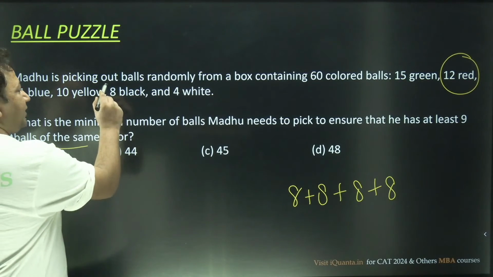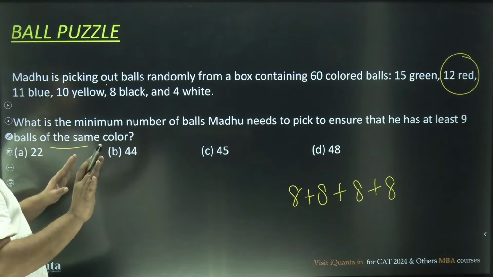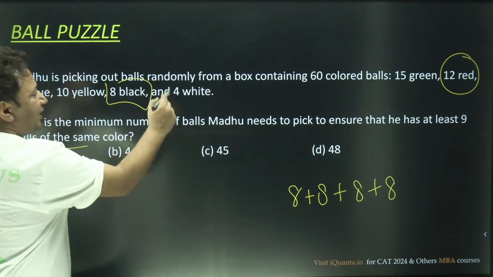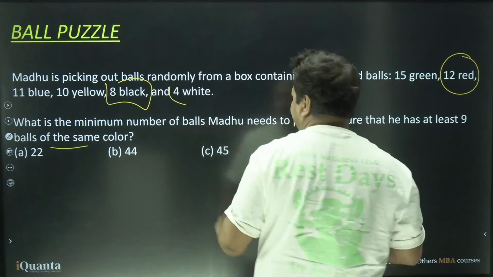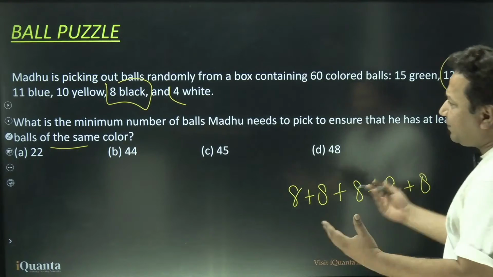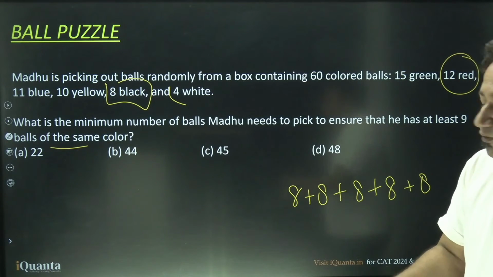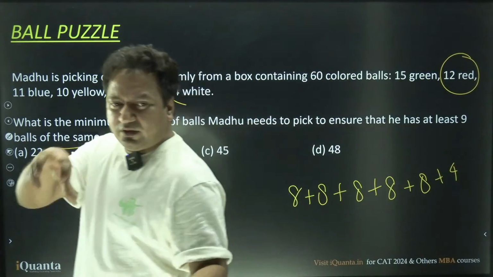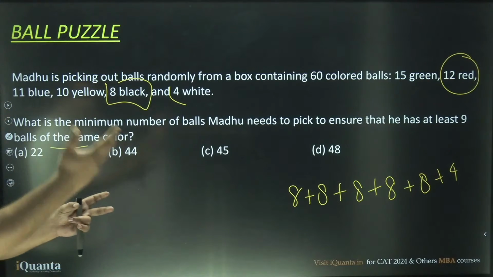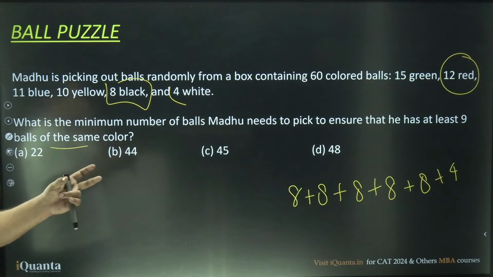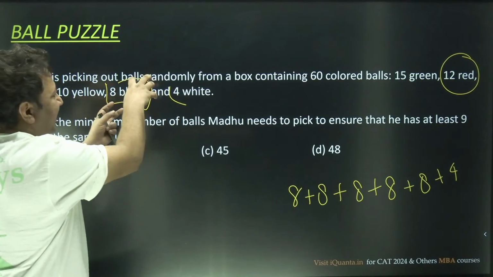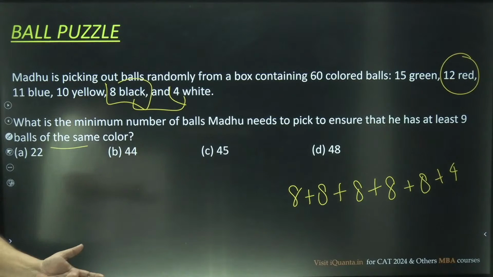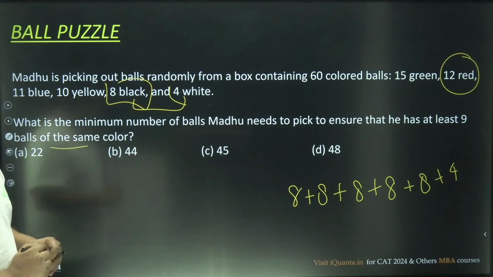So now to make sure that at least 9 of the same color are there, we need to pick 8 and 4 as well. For example, if I pick all 8, maybe I get all blacks. There's no 9th black. It's the worst case, and I would have to pick the 4 white as well. So if I pick 4, all of them can be white and the rest will be other colors. If I pick 4 plus 8, 12, probably I'll get black and white, but there'll be no 9 of the same color, isn't it? So I think it's clear.